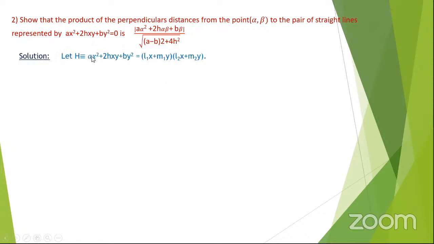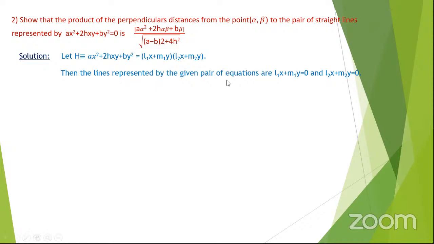Now we know how the pair of straight lines is represented, in the form (L1x plus M1y)(L2x plus M2y) is equal to 0. Then the lines represented by the given pair of equations are L1x plus M1y is equal to 0 and L2x plus M2y is equal to 0.